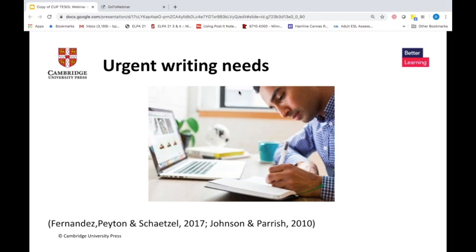However, in a really recent study from 2017, Fernandez, Payton, and Schatzel surveyed over 270 teachers and found they're still teaching mostly narrative genre. Their primary writing tasks were grammar and punctuation, class notes, short answers to essays, or short biographical or personal writing. So things haven't changed as much as we'd like to think, perhaps.